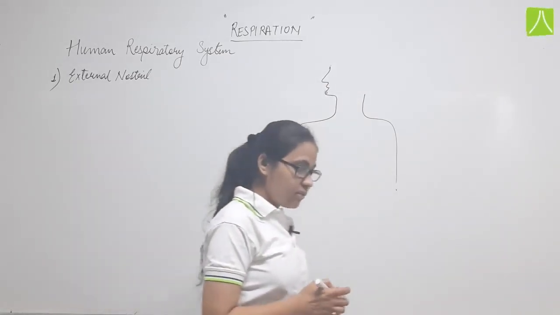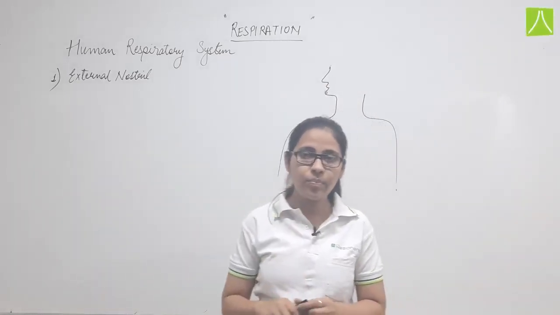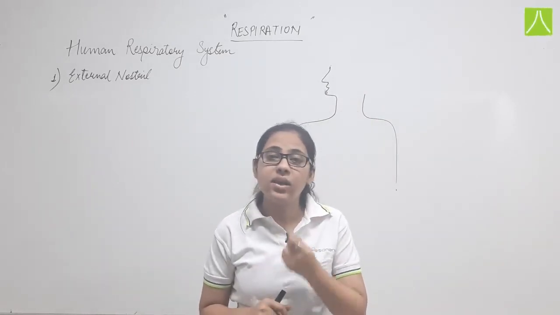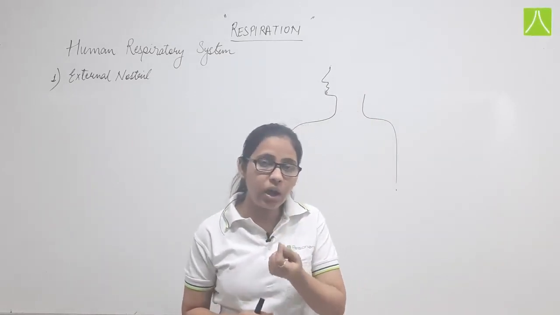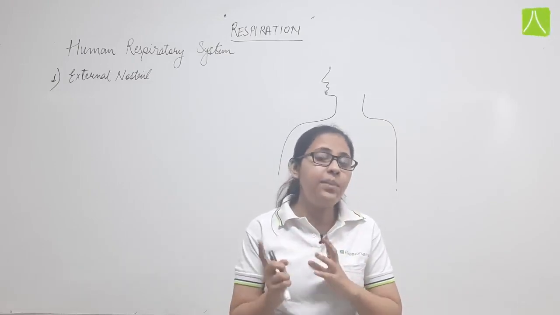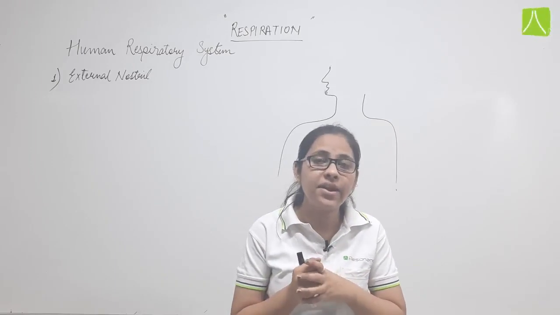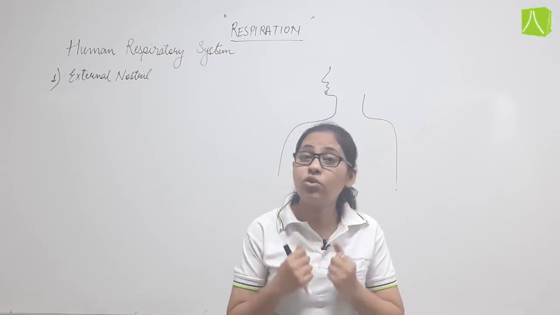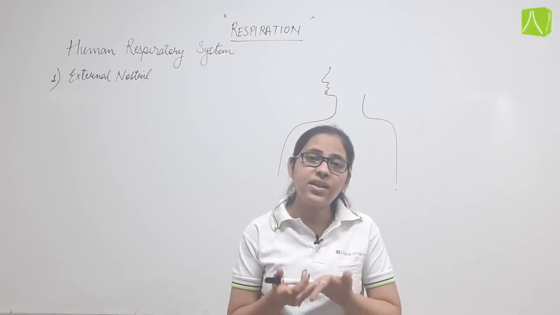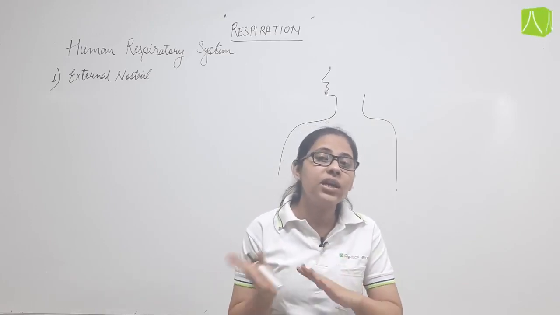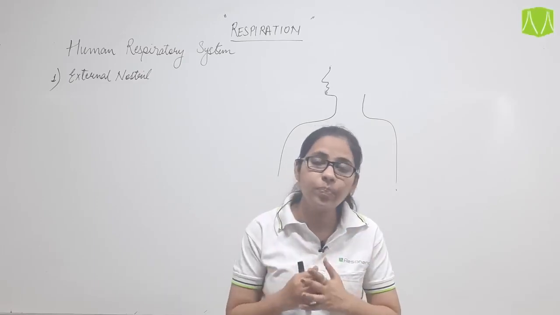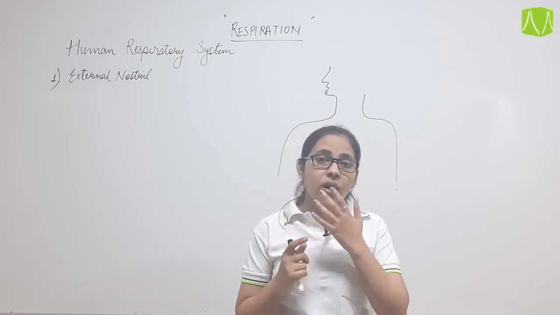Now, what is nostrils? We know this is our nose. The opening of nose, a slit-like or hole-like opening present in our nose, which helps in the exchange of gases, that is, in inhalation of oxygen and exhalation of carbon dioxide, or we can say the exchange of gases between the individual and the surrounding, is known as nostril.